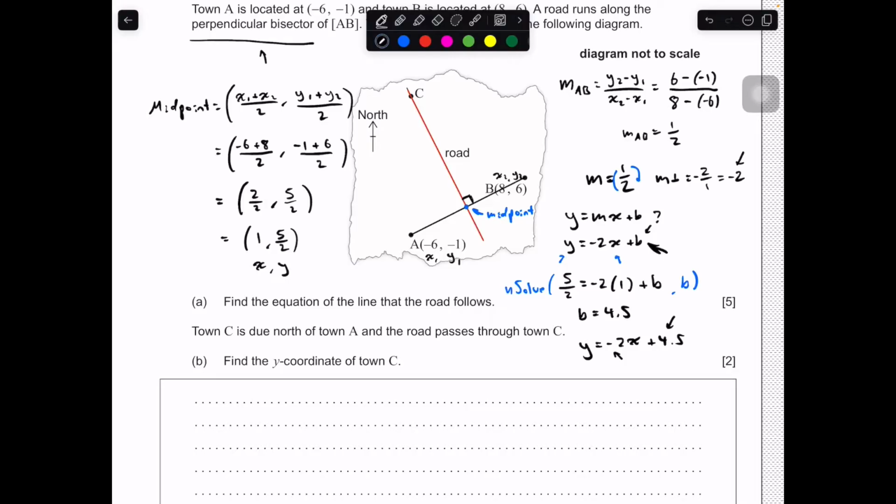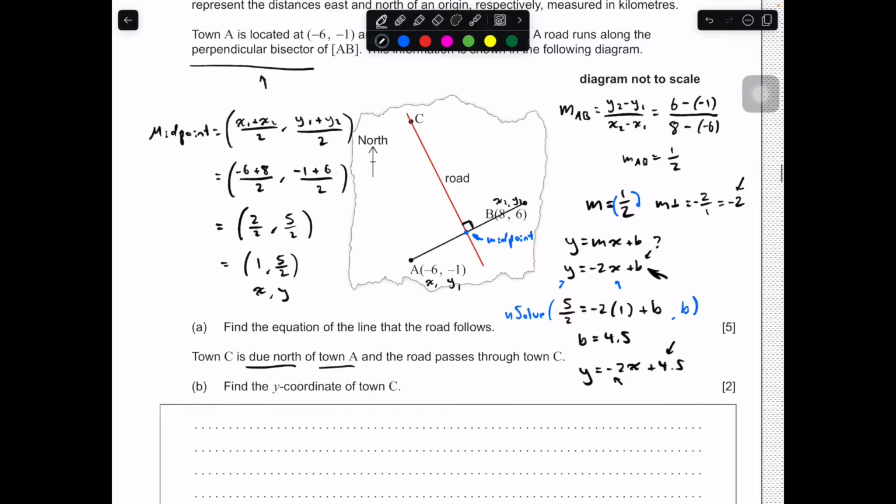Town C is due north of town A, and the road passes through town C. Find the y-coordinate of town C. So here's town C, and it has some xy values, so we can even call it x3 and y3. We want to find the y-coordinate of town C. So what can we do?